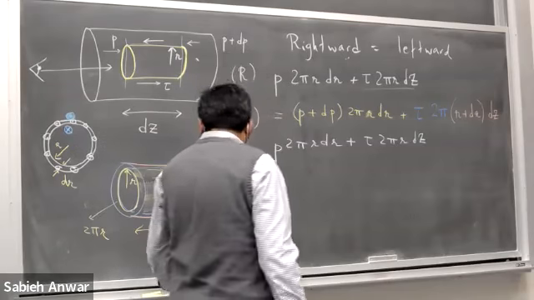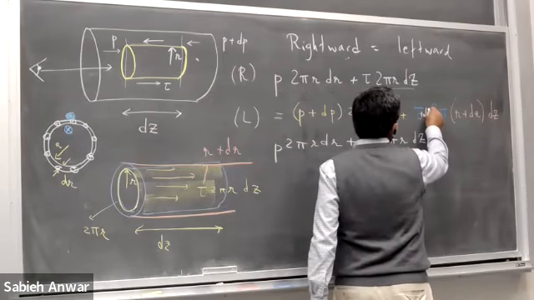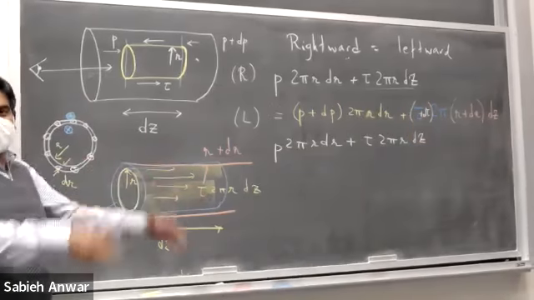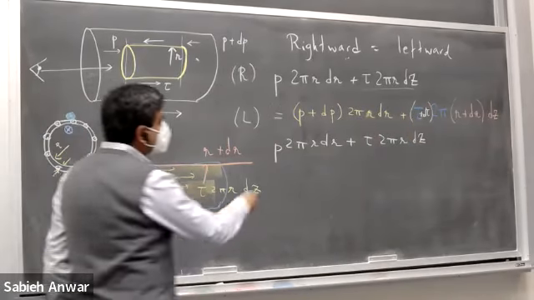By the way, this tau also has to change to tau plus d tau. The shear stresses could also be different on the two sides. So this is the left hand side.